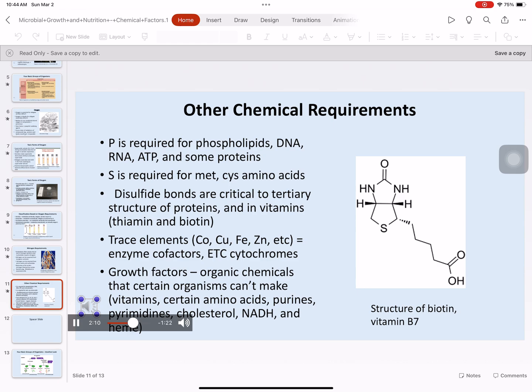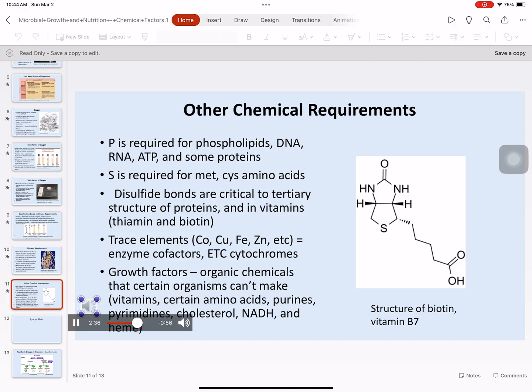Other things, growth factors, are organic chemicals that various organisms can't make on their own, but need, and these can be various vitamins, certain amino acids. There are a number of amino acids that humans cannot make on their own.